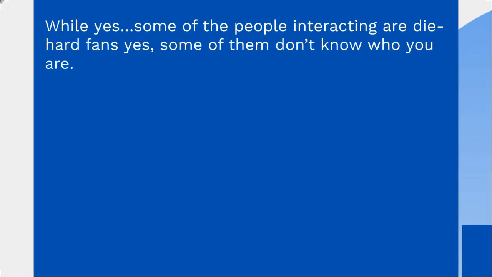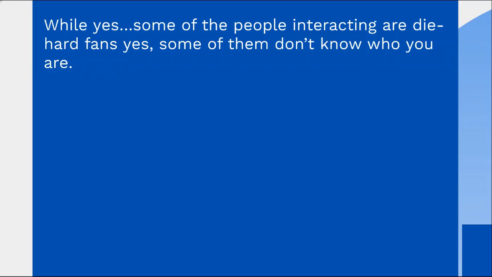So how can you create a bot that doesn't do that, but instead maybe perhaps goes up to the person, talks to them a little bit, and gets to know them a little bit, finds things in common with them, and then perhaps gets their number? So while yes, some of the people that are interacting with you and with your chatbot are very aware of you, they are warm leads, and maybe they're customers, maybe they're diehard fans, yes.